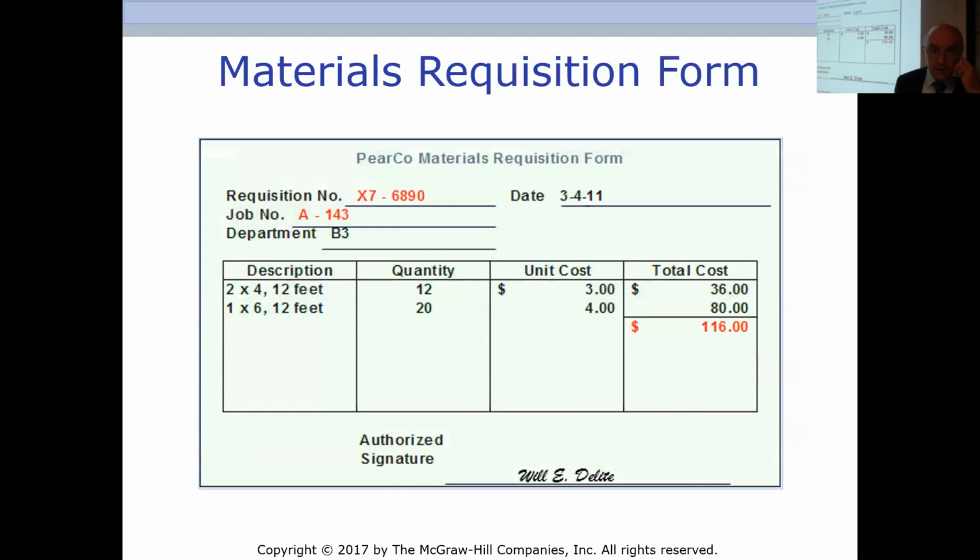In this case, for the materials requisition form, you have 2 by 4 perhaps, 12 feet worth of that, quantity 12, unit cost 3, so 12 times 3 is 36, 20 times 4 is 80, and so forth. So you get this cost for materials.